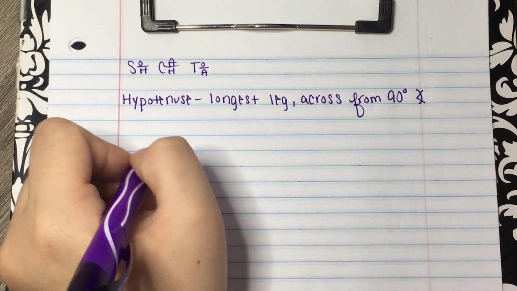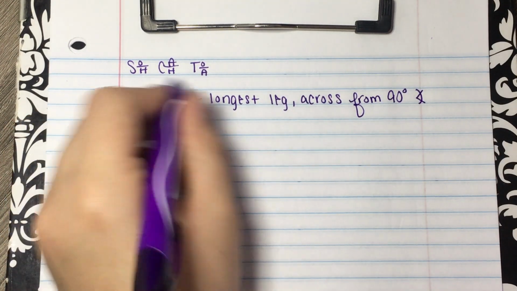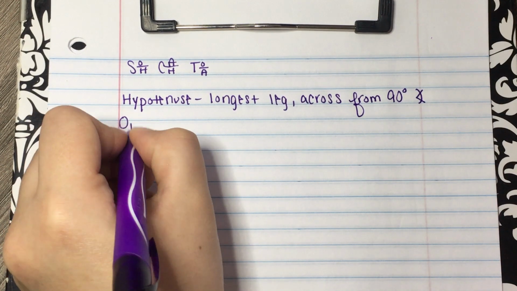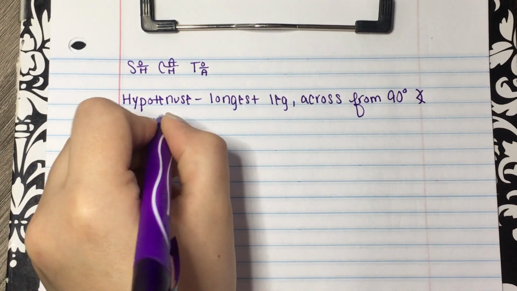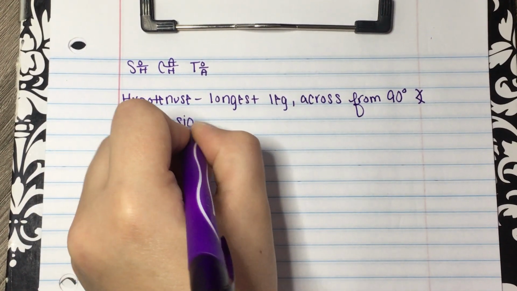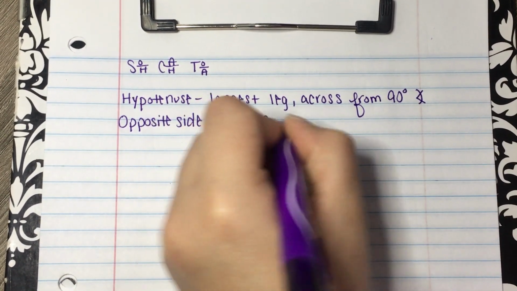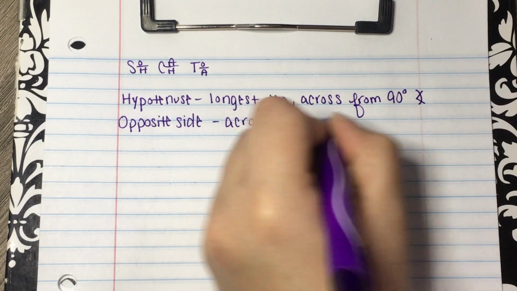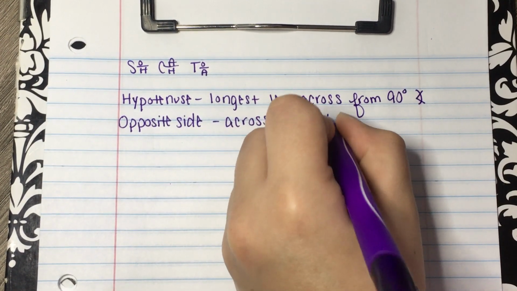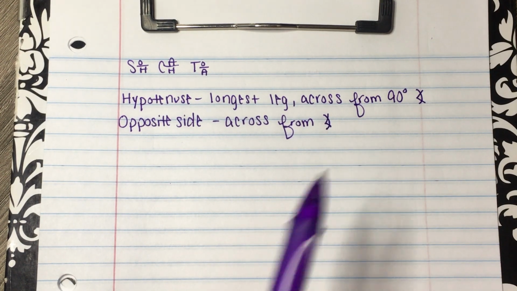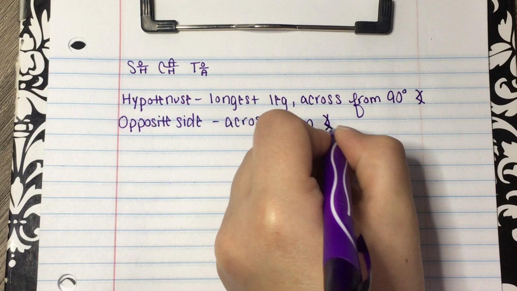And then we're going to also use another name. Instead of using hypotenuse, that's going to represent one side of the triangle. Another side of our triangle is going to be called our opposite side. And our opposite side is going to be across from the angle that we're working with. I'm going to put here this. That denotes angle, but your angle could be x, it could be theta, it could be anything. This is usually the notation you use in geometry to denote an angle.